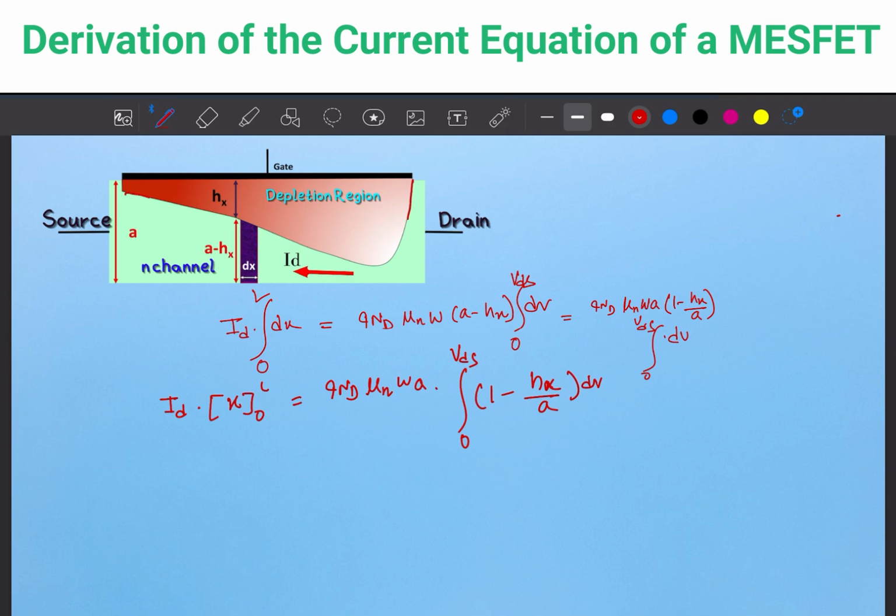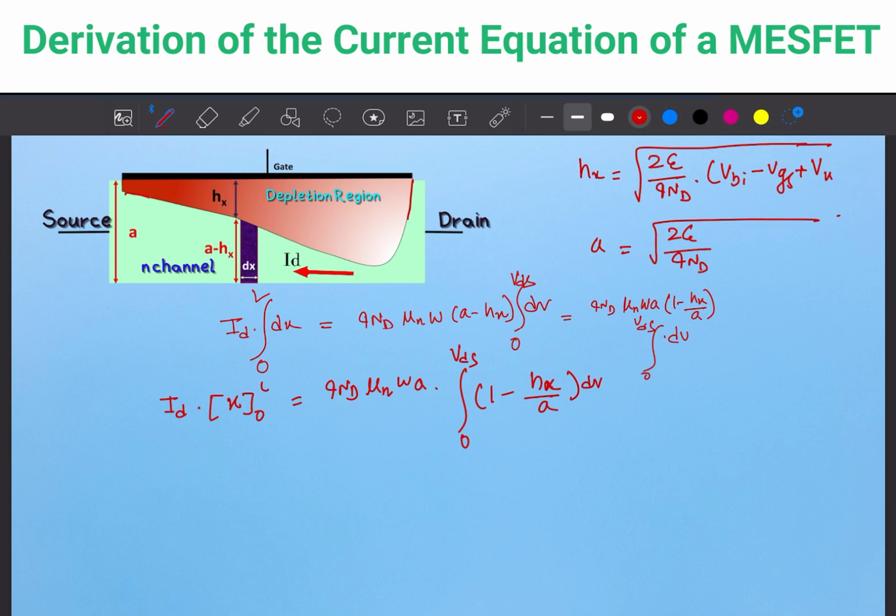In our last slide, I already calculated the value of h(x), which is equal to the square root of 2ε divided by q Nd times (Vbi − (Vgs + Vx)), and a is equal to the square root of 2ε divided by q Nd times V pinch-off. Now, this is equation 3 and this is equation 4. So now just put the value of equations 3 and 4 in equation 5.